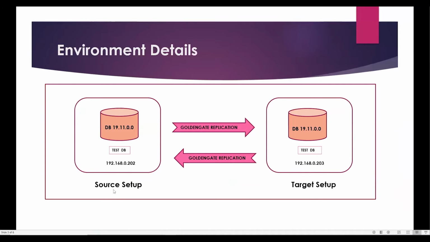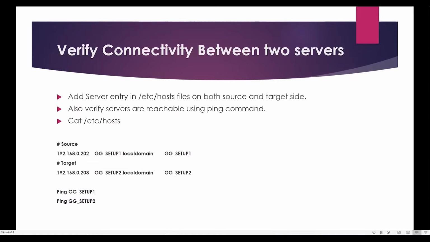This is going to be our source setup, and this is our target setup. We have kept the database name similar, but you can keep any database name, that's up to you. From here, the data replication will happen using the GoldenGate replication mechanism, and also the reverse replication will happen. So this is about the environment details.